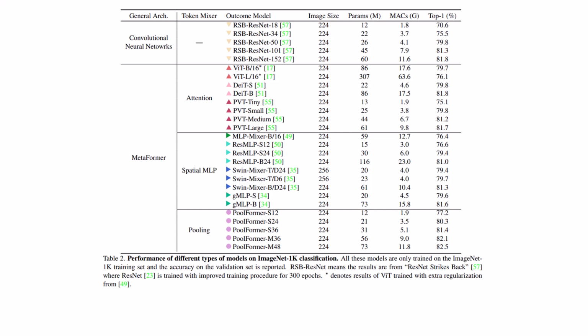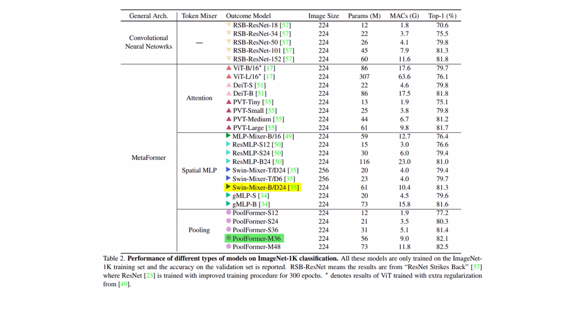And by simply comparing this, for example, the best Swin Transformer one, which is Swin Mixer B as the base, and D24, it has like 61 million parameters. And comparing that with PoolFormer Medium 36, we can see that PoolFormer Medium 36 has 56 million parameters, so fewer learnable parameters.